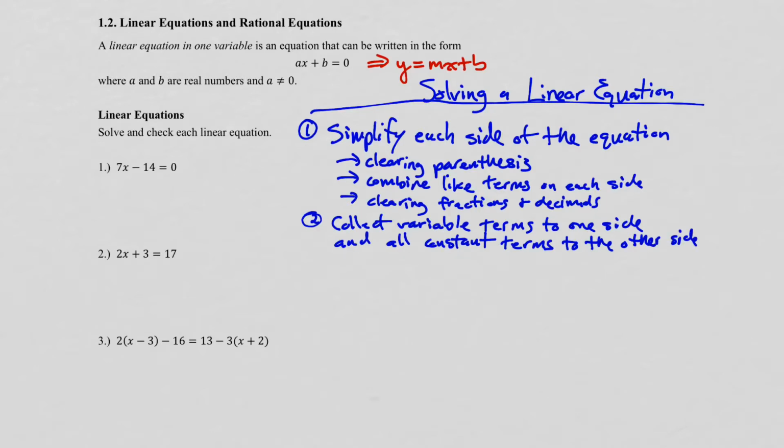Step one, step two, and then after you do that, it's going to look pretty simple, and you're probably going to do one more step to isolate. And basically, when you get x by itself, you have solved it, okay?